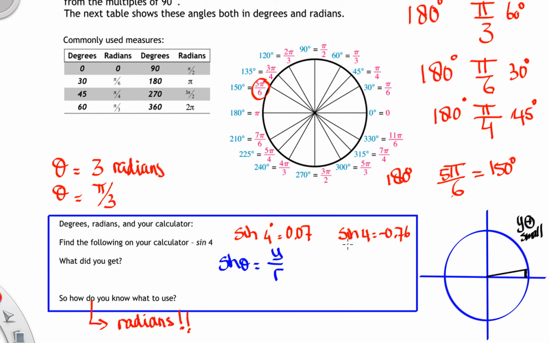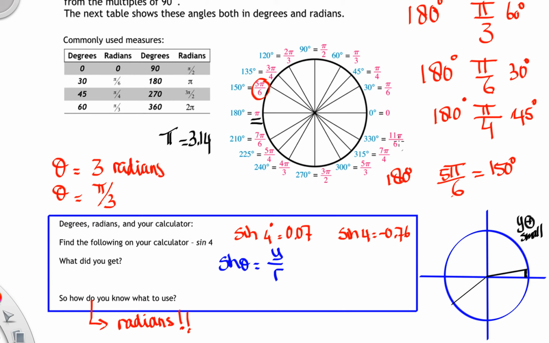If I said the sine of 4 radians, then you have to keep in mind that radians is a completely different measurement. We know that pi radians, for example, is over here. The reason I say pi is because pi is 3.14. So 4 radians is going to be past that. If you did the math and converted it, it would be somewhere over here. So that is 4 radians.